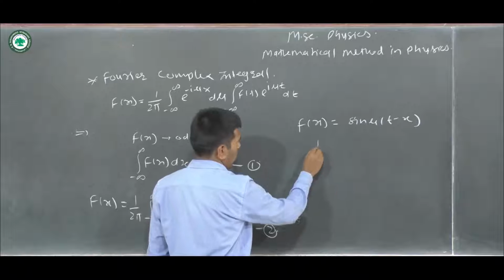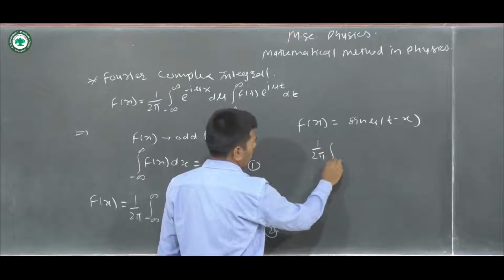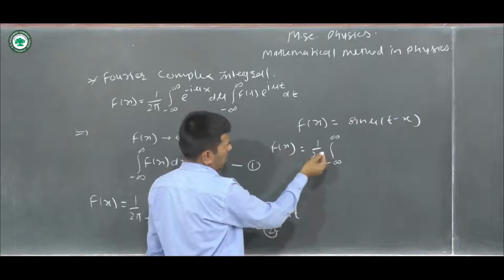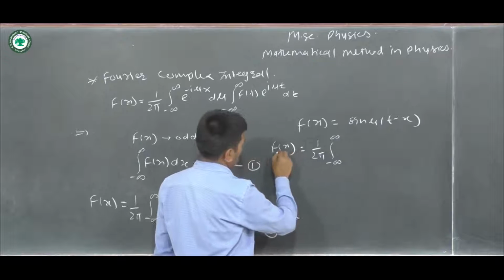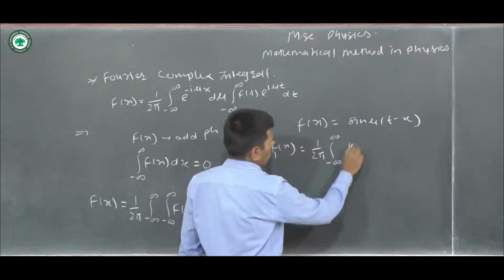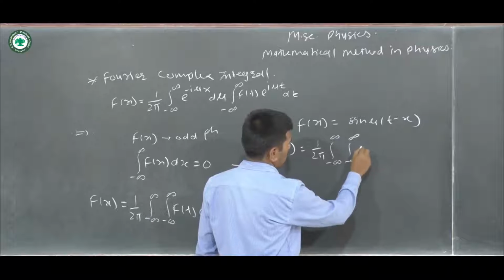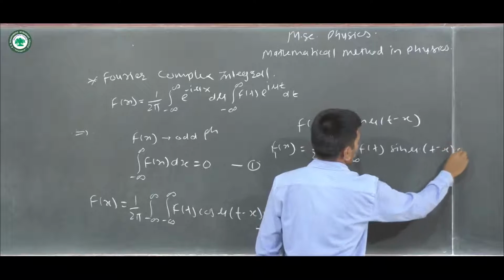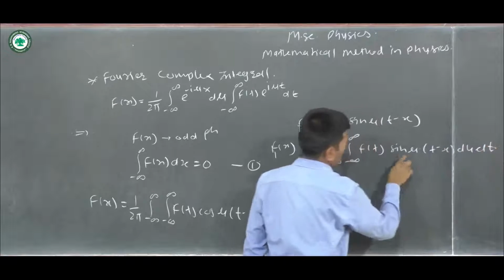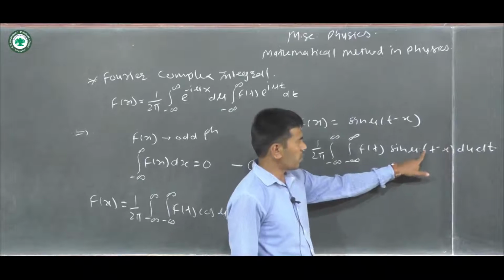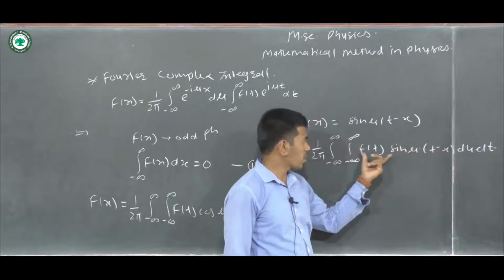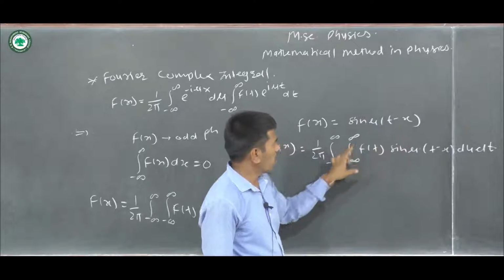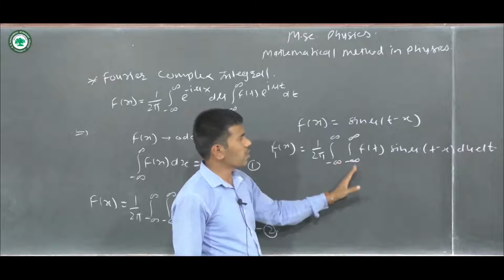So we can write 1/(2π) ∫ from −∞ to +∞, and again ∫ from −∞ to +∞ f(t) sin u(t − x) du dt. If the function sin u(t − x) is an odd function, then its total multiplication with f(t) may also be an odd function, and its integration is equal to 0.